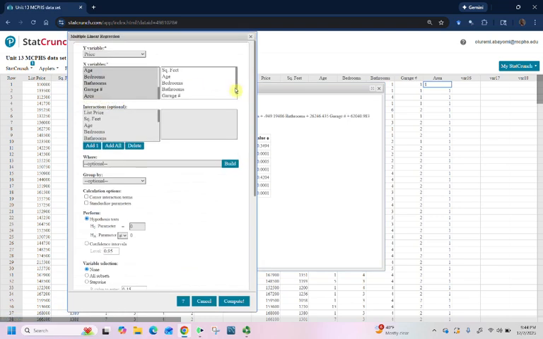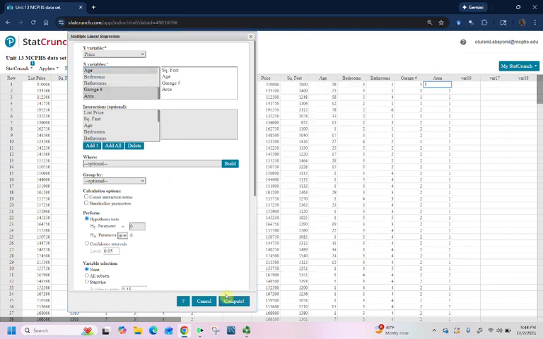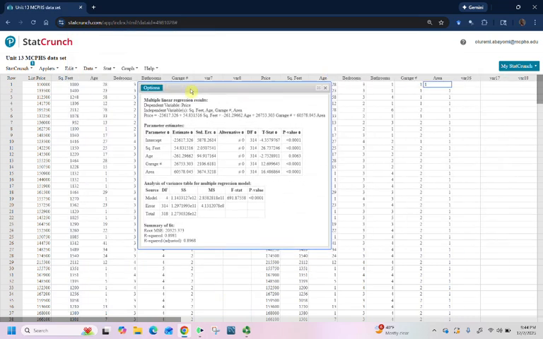And this time, I don't want bedrooms and bathrooms. So price still. What I want this time is just the square foot and then age, garage number, and then area. And let's compute that and see what we have.